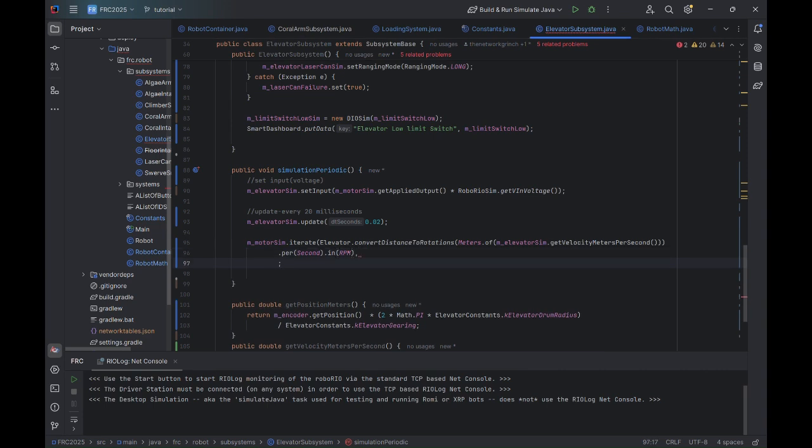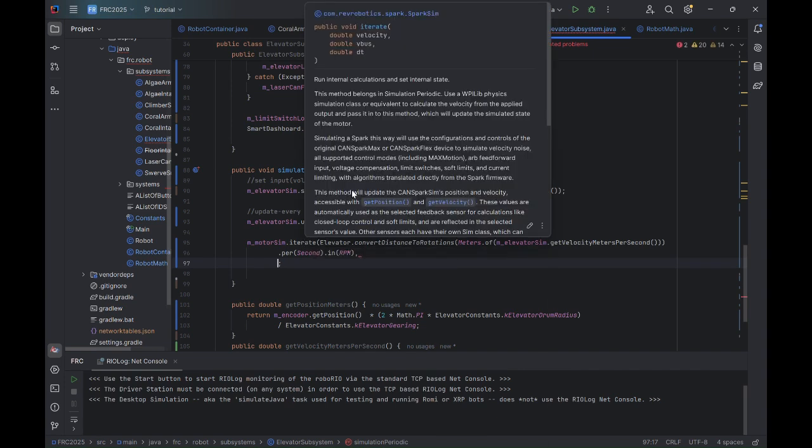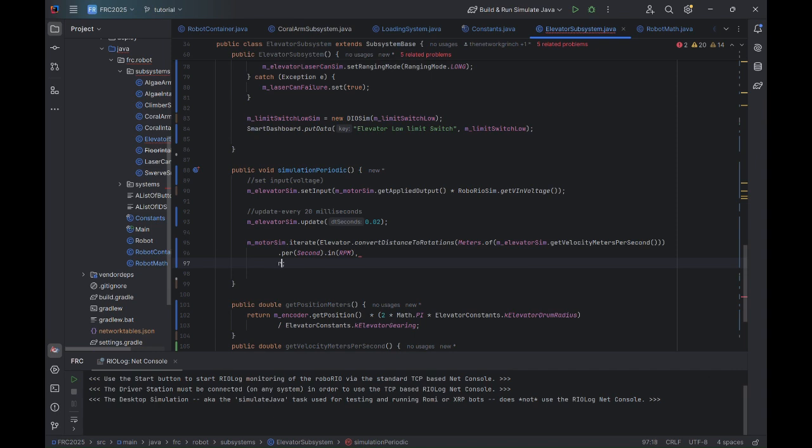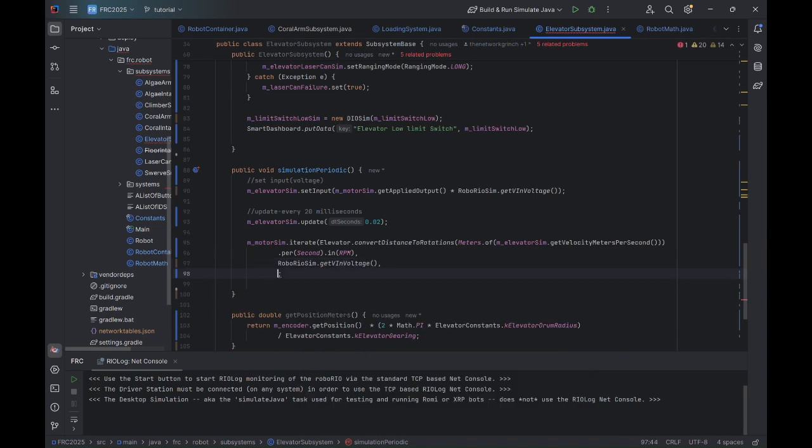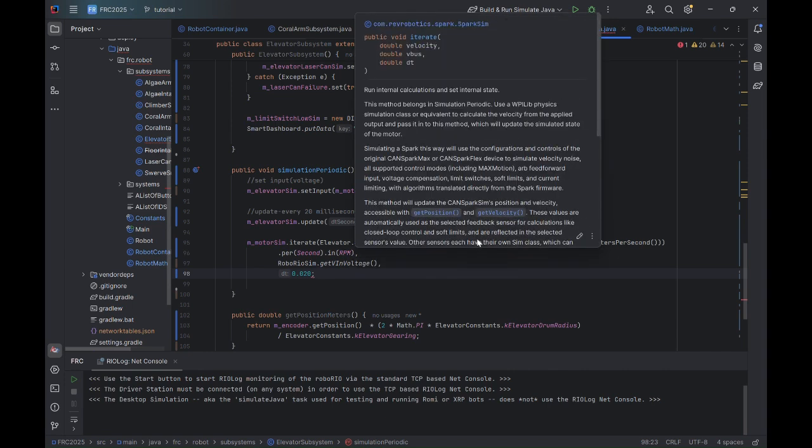So battery. So roboreal sim get, and then the third argument. Yeah, is this good? It's still not. What am I missing?